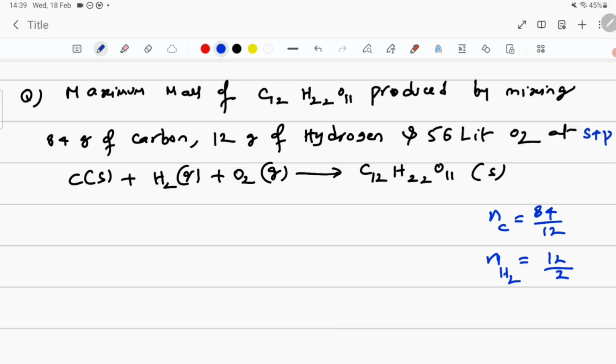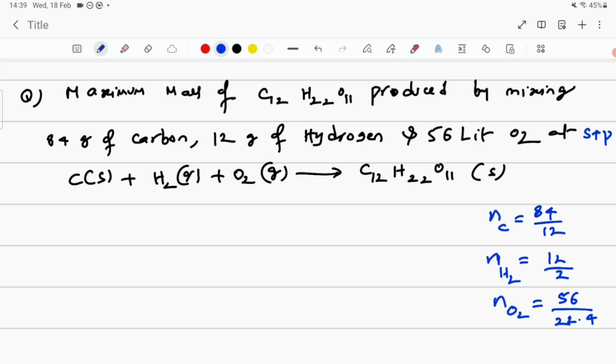We know that 1 mole of any gas at STP occupies 22.4 liters. So to convert 56 liters into moles at STP, we can do this calculation.